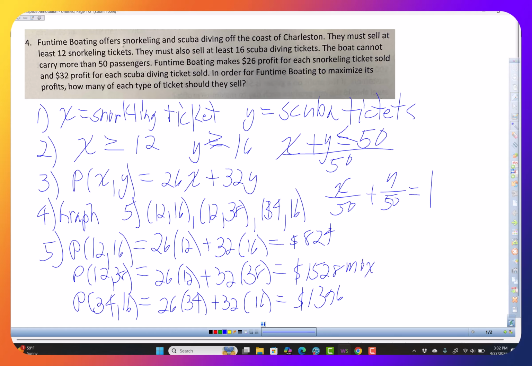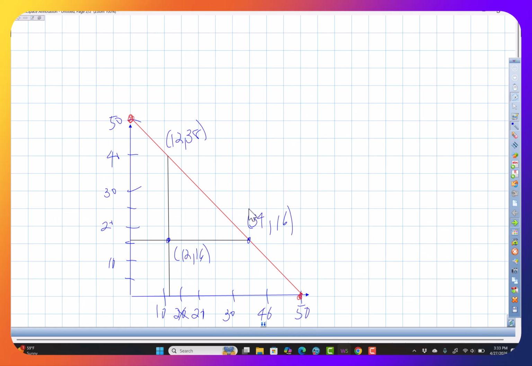So this was part 6, and then part 7 is how many of each type: 12 snorkeling and 38 scuba.